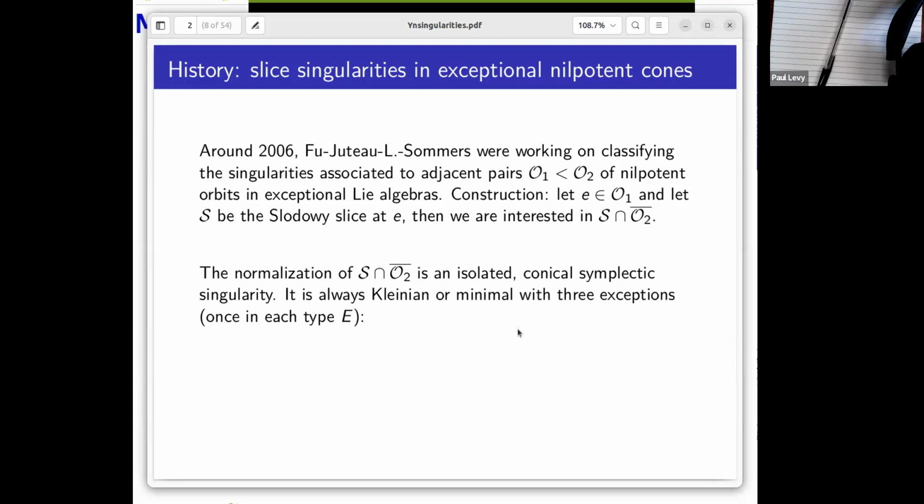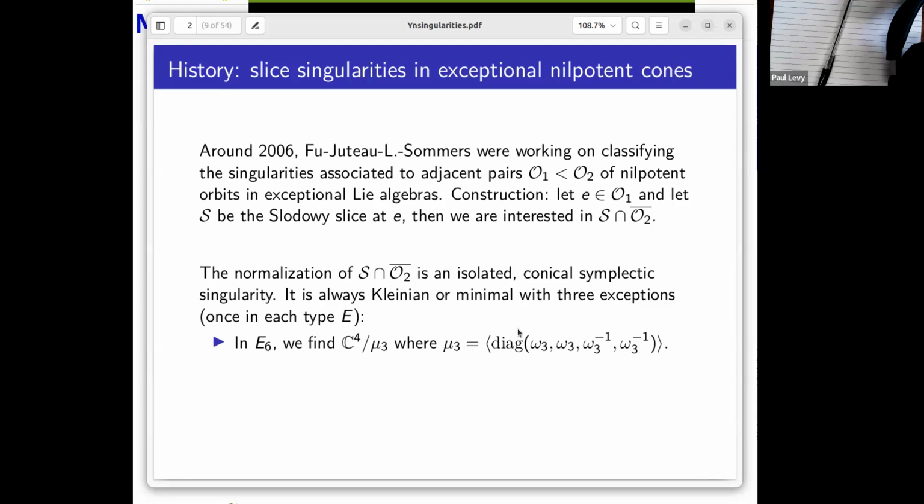In exceptional types, that's almost true. Again, there's interesting stuff to do with branching and non-normal singularities arising, but if you ignore that, it's always Kleinian or minimal. In fact, there's one thing I should add: it can be smooth once you take the normalization, but otherwise, it's always a known thing, with three exceptions: once in type E6, once in type E7, and once in type E8.